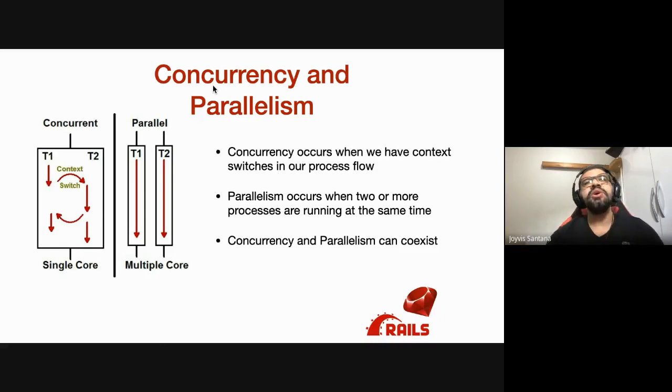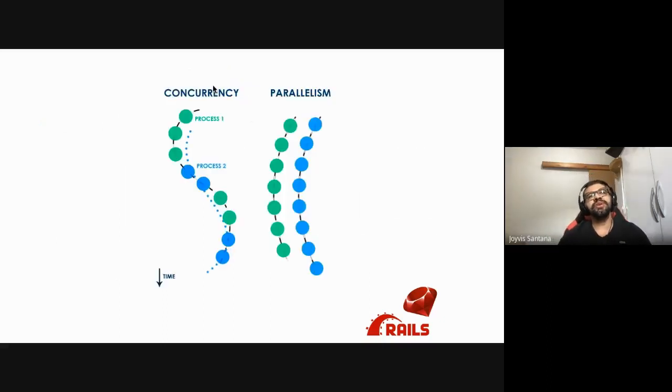And again, we have some pictures to represent what was said. In concurrency, we can see some processes doing a context switch to be executed. And in the second picture, we can see parallelism, two processes running at the same time.